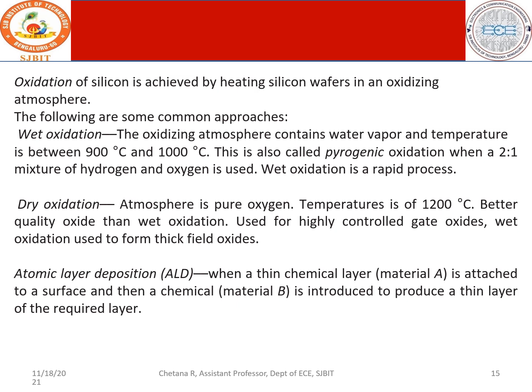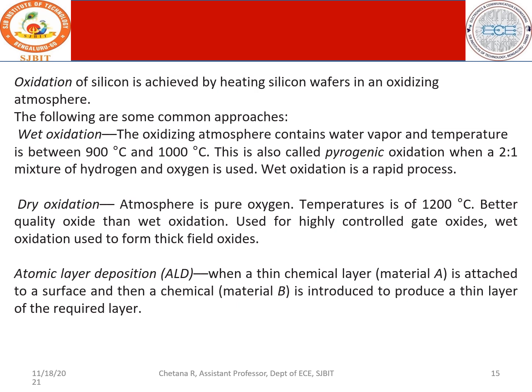Next we have dry oxidation. Here, instead of water vapor it is oxygen, and the temperature is much higher than the earlier one. It is 1200 degrees Celsius. So a better quality of oxide is obtained than the previous one. Wet oxidation is comparatively not as good or effective as dry oxidation.